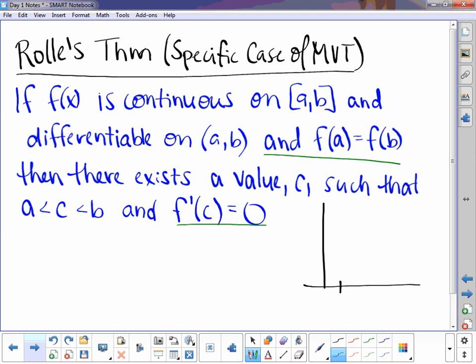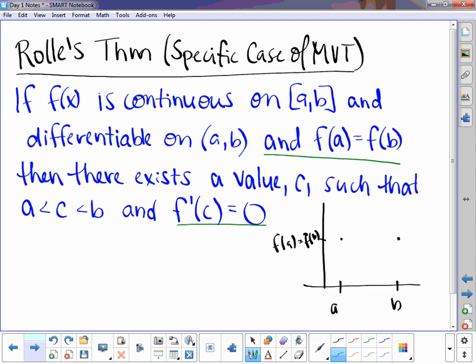If I have two values where my heights are the same, I'm going to call this f of a, which is equal to f of b. Then when I go to do my AROC, my average rate of change here, what is my slope when my heights are the same? 0. And so my AROC must be 0.